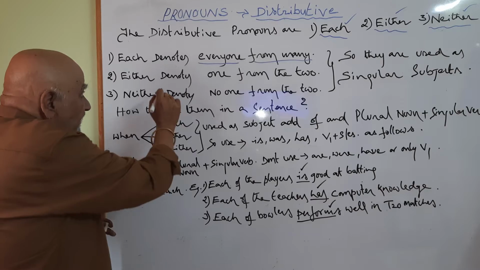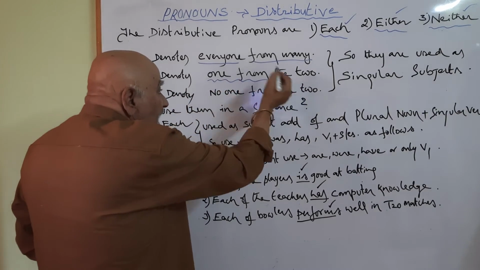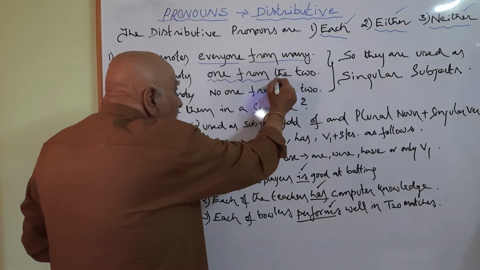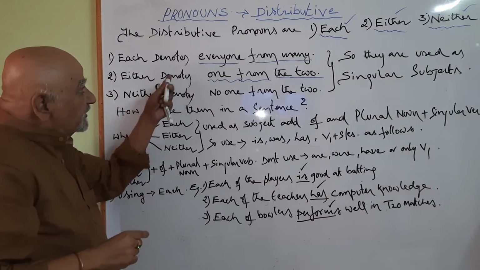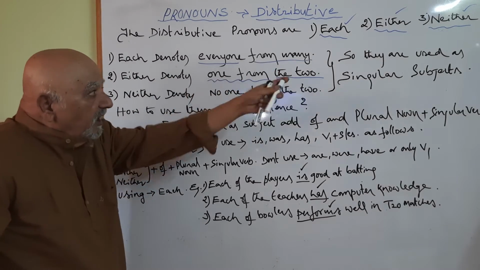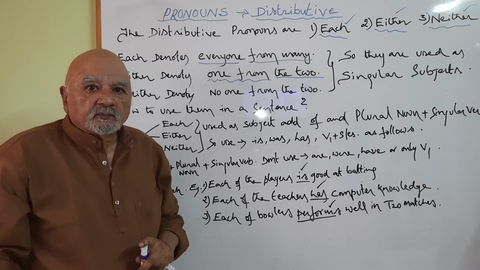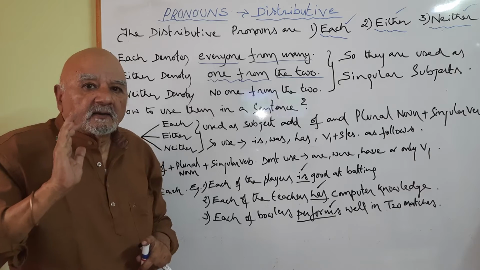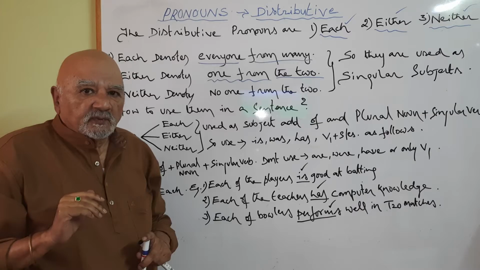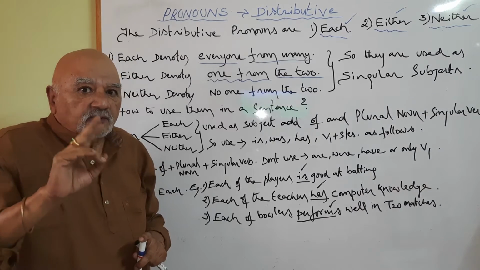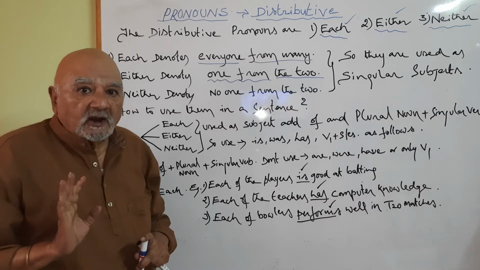And either denotes one from how many? Only two. So, either denotes one from the two, only two. Either of the two openers, either of the two sisters, either of the two bowlers.